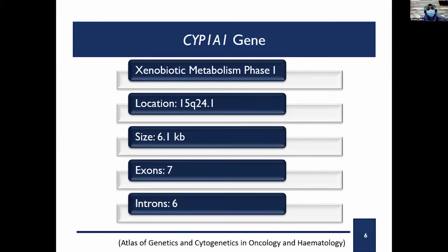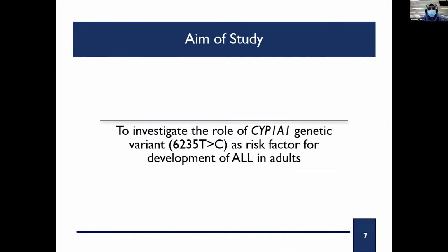A number of genetic variations have previously been reported in this gene, and this study is focused on one such single nucleotide polymorphism located at nucleotide position 6235, a substitution from thymine to cytosine. This study is meant to evaluate whether this single nucleotide polymorphism alters the susceptibility or risk of acute lymphoblastic leukemia in adult ALL patients or not.